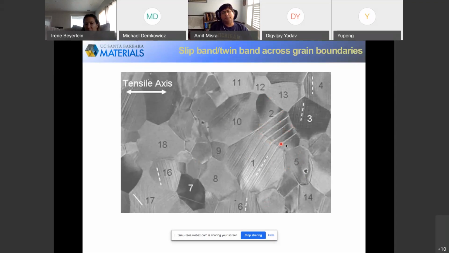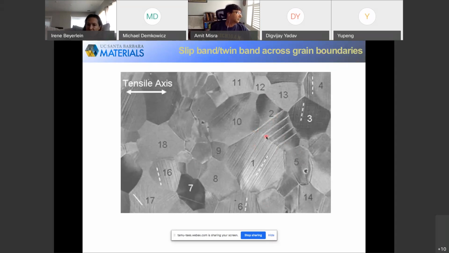As we discussed before, you don't know these are twins just by looking at them in this SEM, but once you identify the slip twin matrix twin orientation relationship across these, then you can be sure that these are twins. And so they did do that.